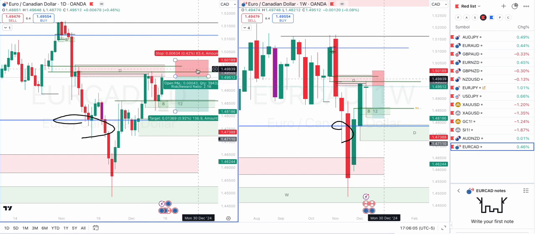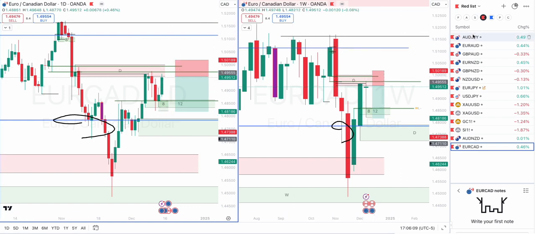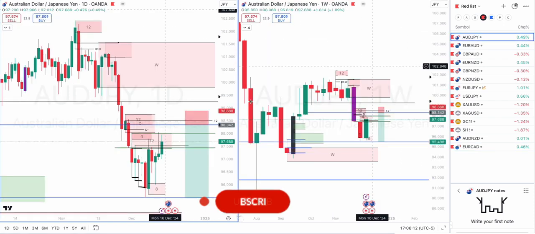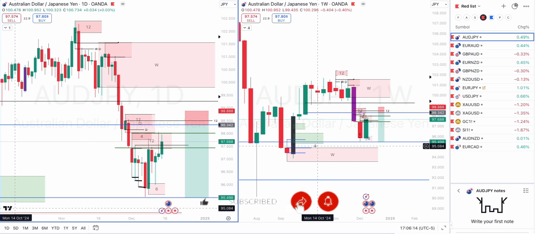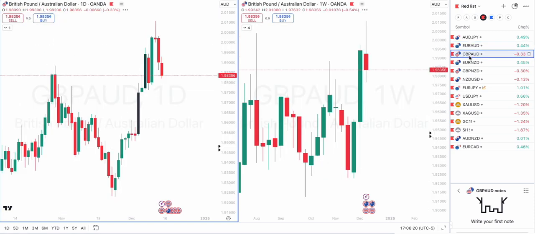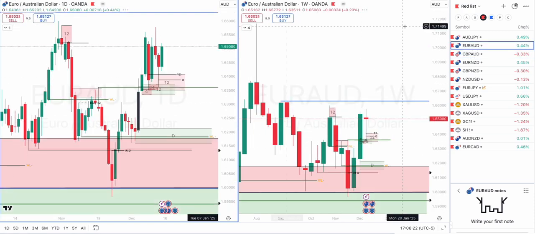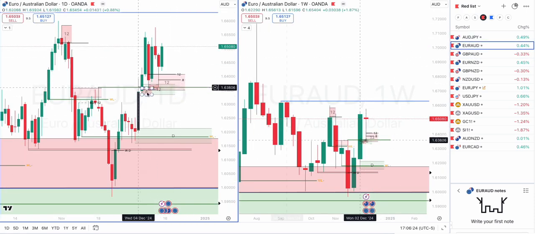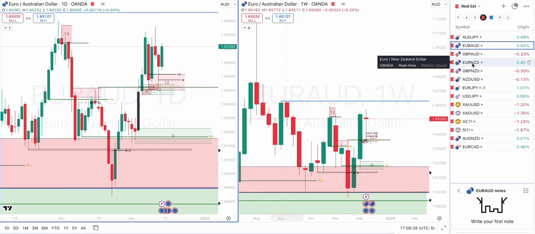If you see all the trades which really worked, let's go back. EURJPY: trend down, weekly level, daily supply, strong weak currencies. EURGBP: trend, weekly level, daily supply, strong weak currencies.